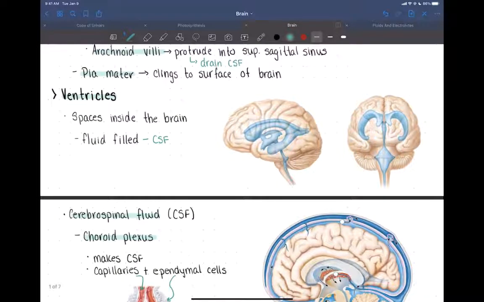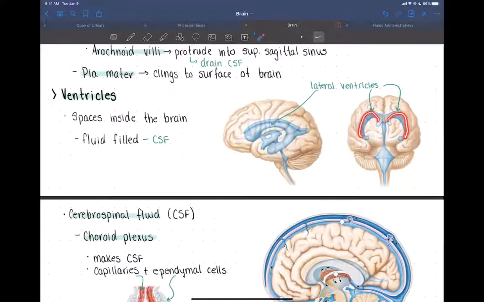Let's label our lateral ventricles. We have 2 of them. These are those big comma-shaped ventricles. Looking at them from the front, we have one lateral ventricle here and here, and then this is them from the side. So we have our 2 lateral ventricles.